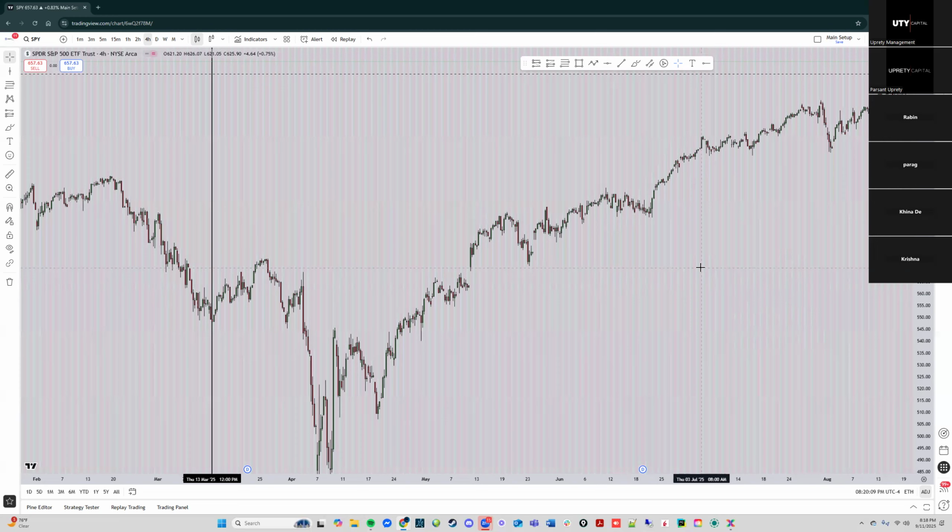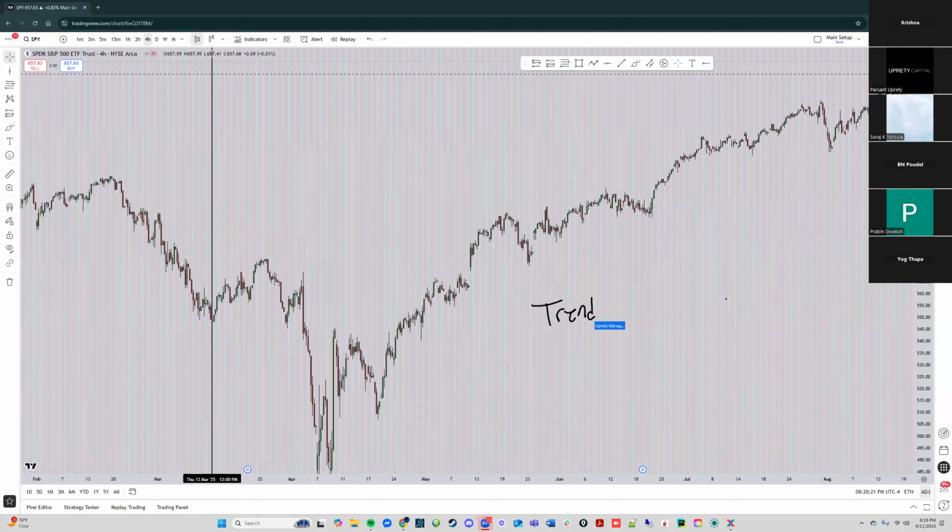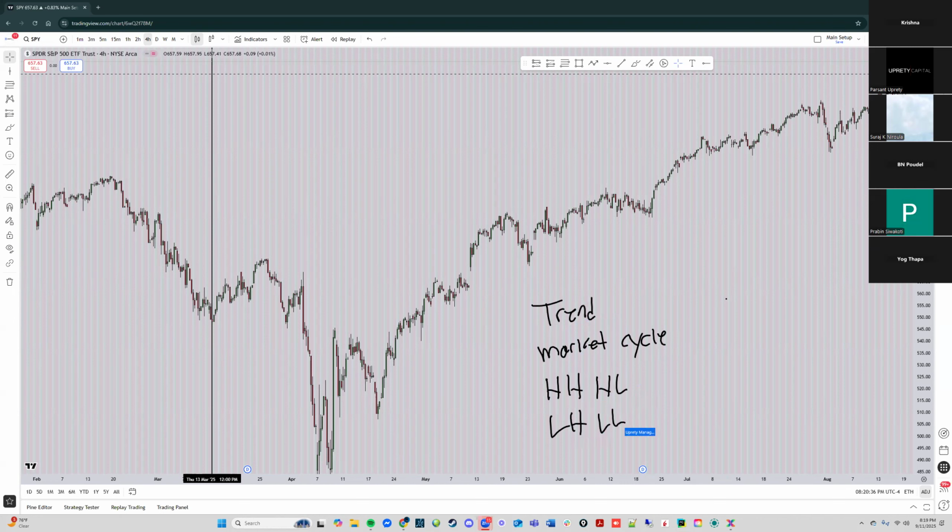Okay, so let's just do a little recap here so I don't lose anyone. We've identified trend, we've identified market cycle, and we've identified market structure, which is higher high, higher low, lower high, lower low.